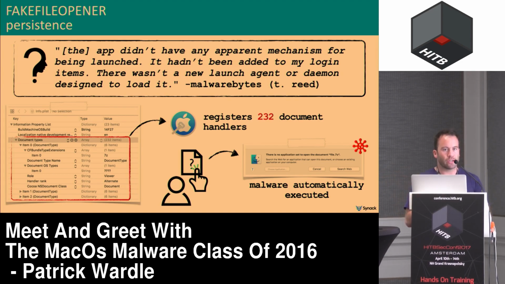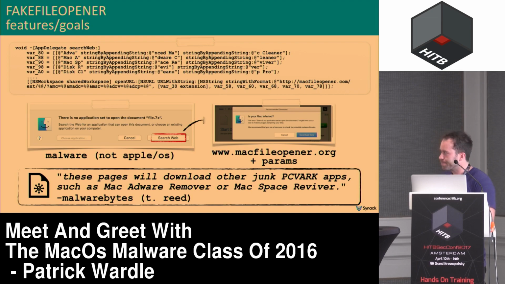Now, the malware can't hijack existing document handlers, so it can't, for example, register itself as a handler for, say, PNG images or documents. But it chooses all these esoteric file types, and eventually, when the user tries to open one of those, the malware will get executed. So kind of a neat technique.